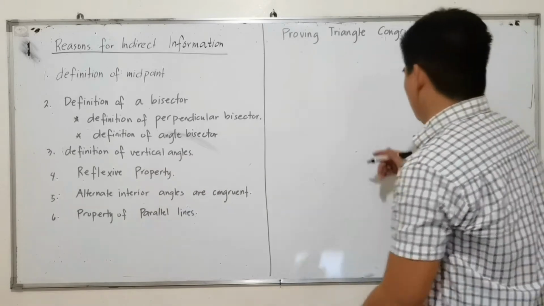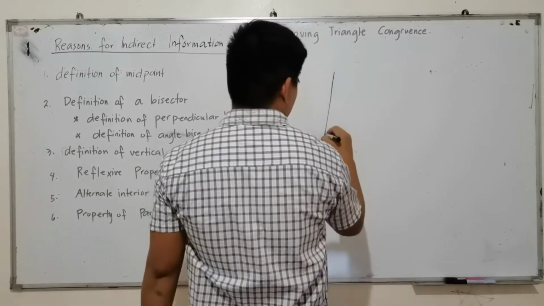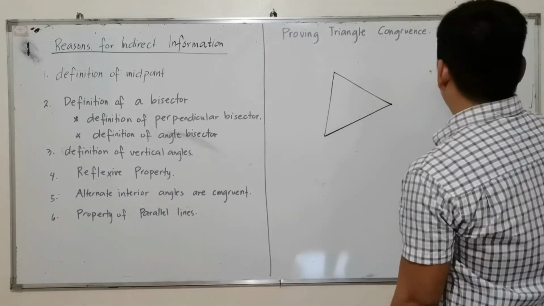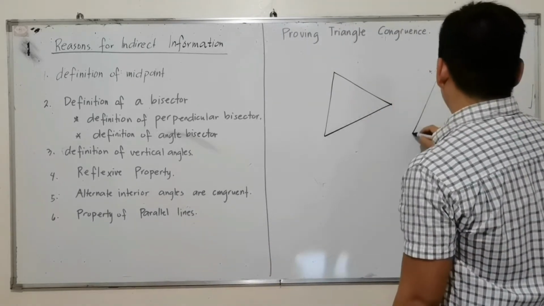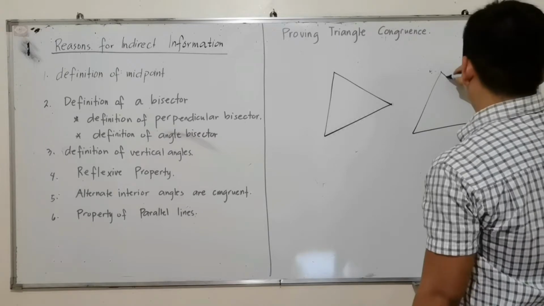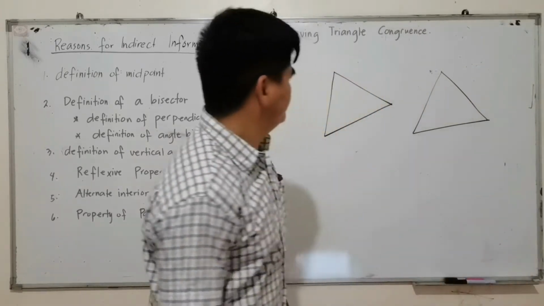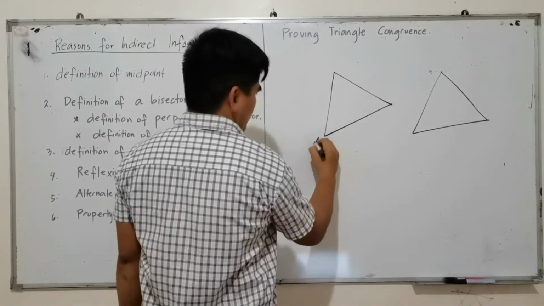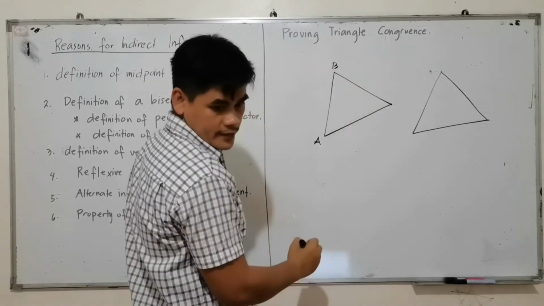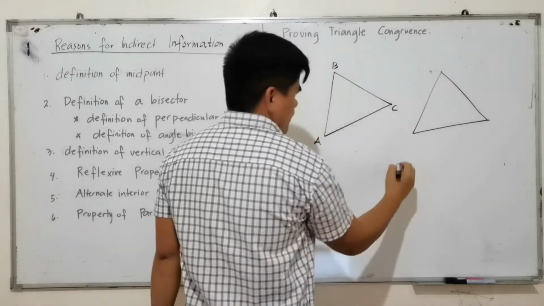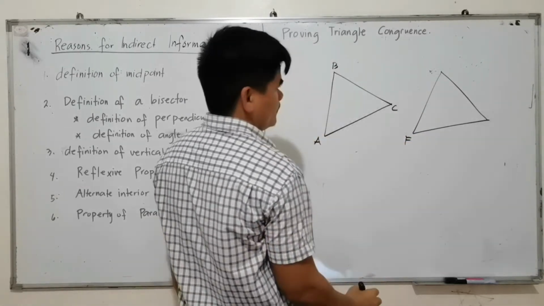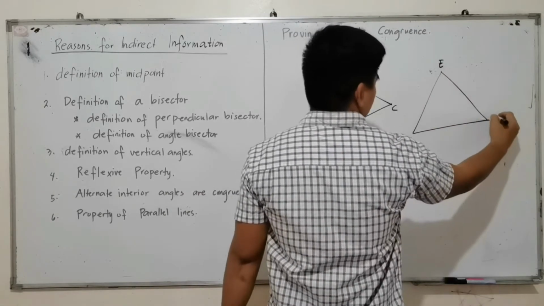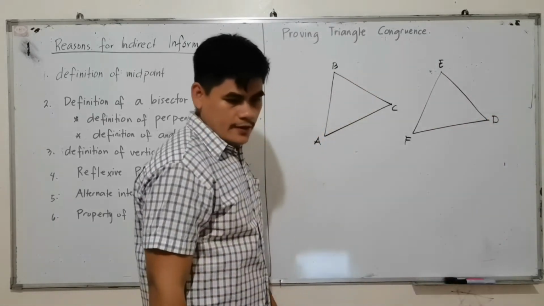So we have this example. We have triangles ABC and FED.